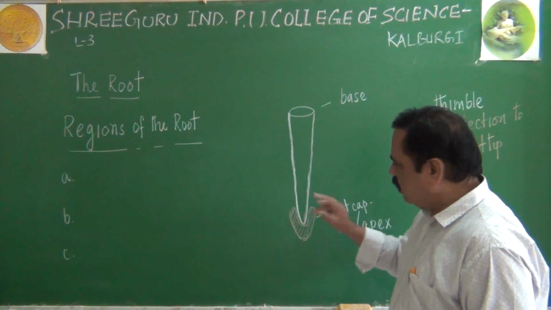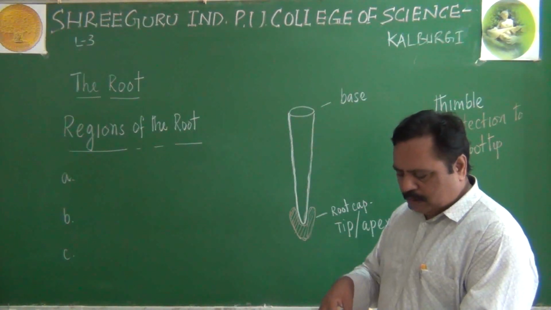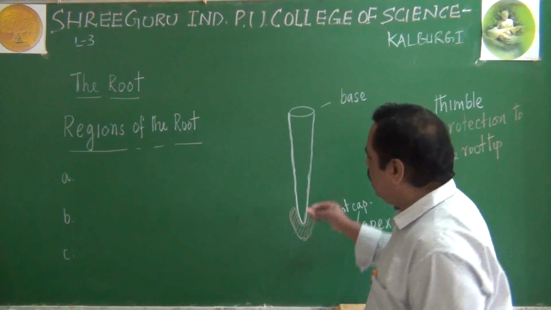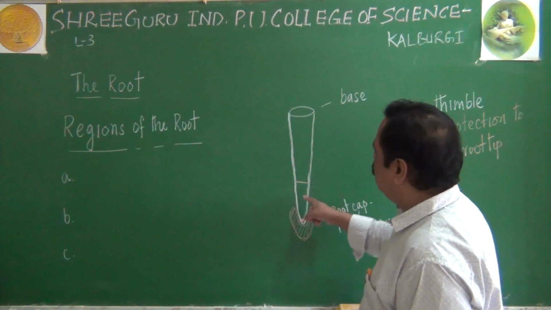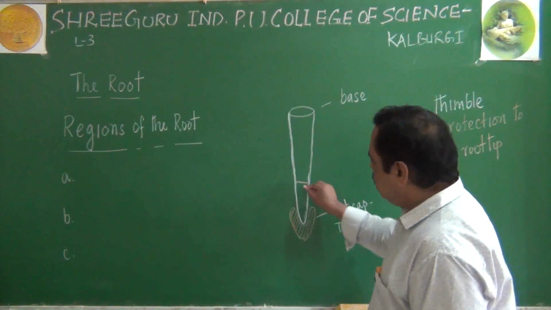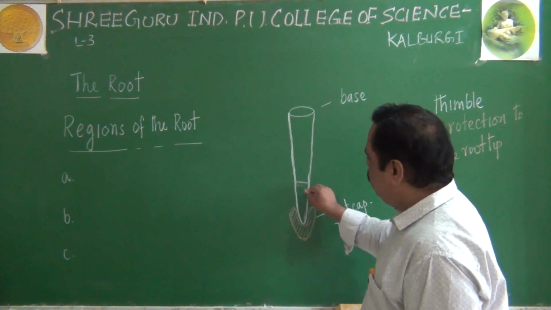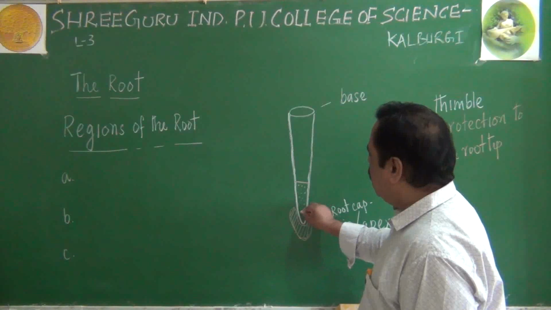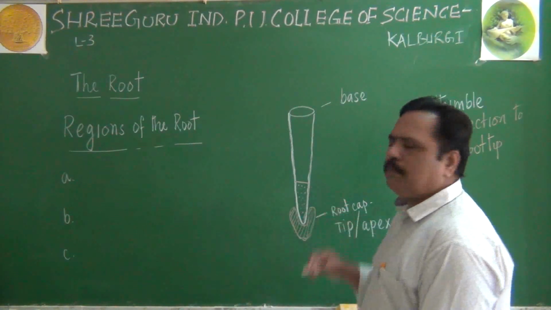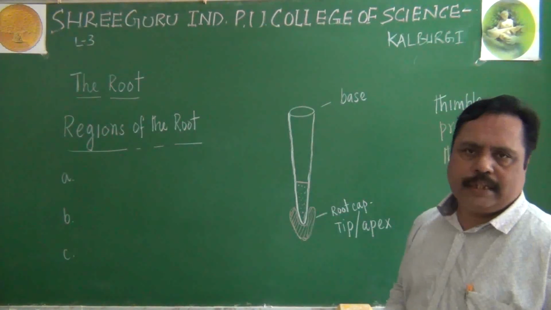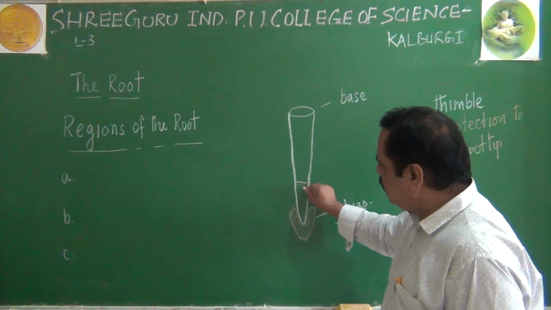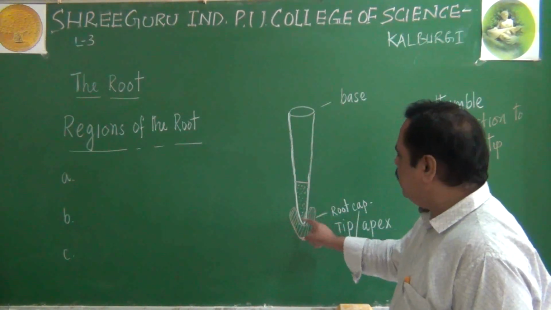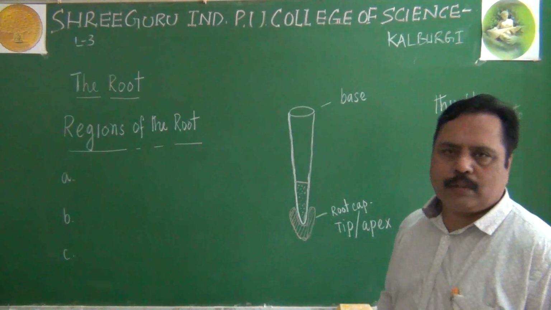Inside that, in the root tip, we can come across one more area. There is an area at the tip of the root. This area contains lots of meristematic cells. Remember this point: there are many meristematic cells present in the tip of the root.